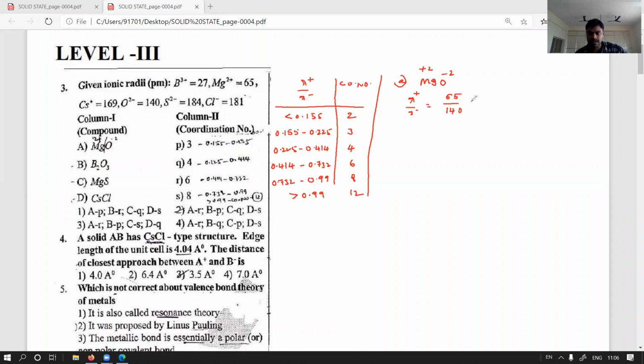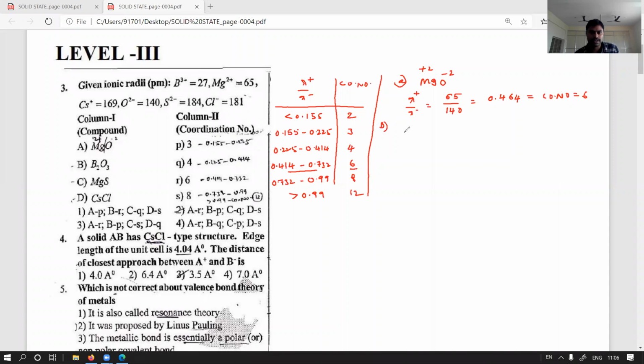So 65 by 140 is approximately 0.464. So 0.464 falls in the range with coordination number 6. So magnesium oxide coordination number is 6. In the same way, we need to solve the remaining.